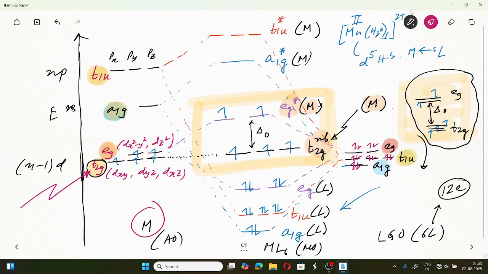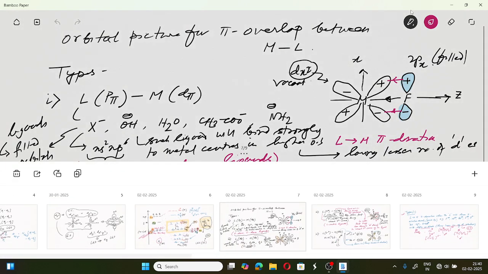So what has to be done? We have to construct, আমাদের কি করতে হবে? Construct করতে হবে ligand group orbitals having matching symmetry with T2G. তাহলে আমায় T2G LGO construct করতে হবে. So how to construct the T2G LGO?